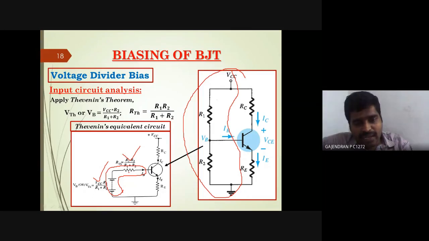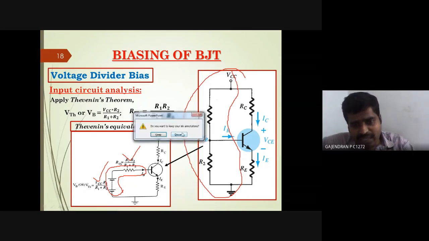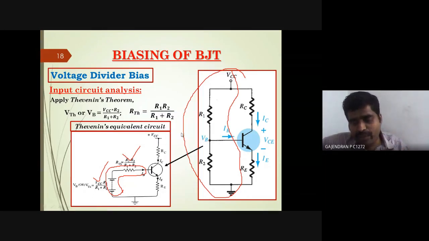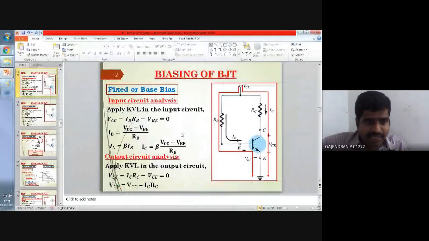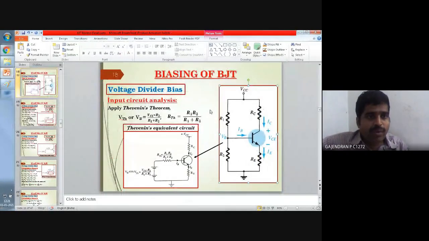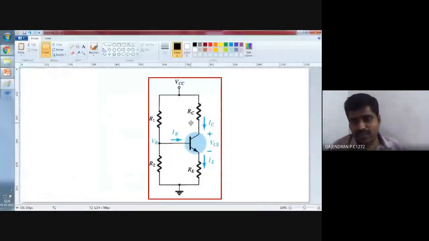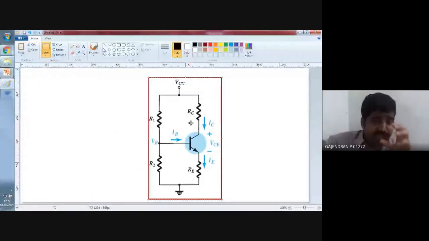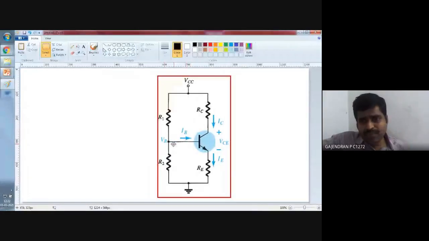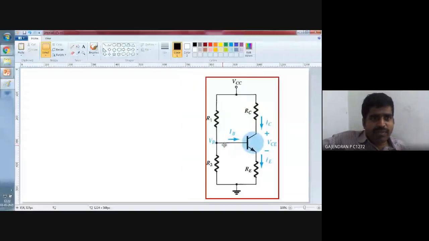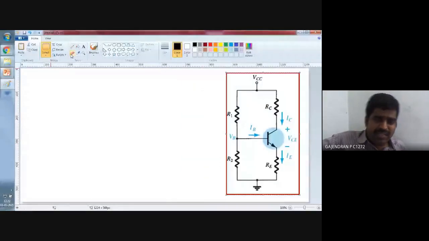Okay. Let me explain this in a very simple way, not much analysis. I hope you can view my paint screen. Can you see this circuit in front of you? Yes, sir. Before this, let me draw one circuit.